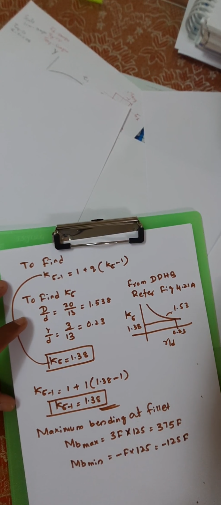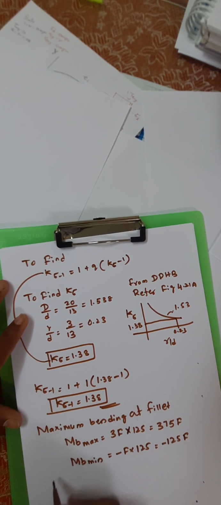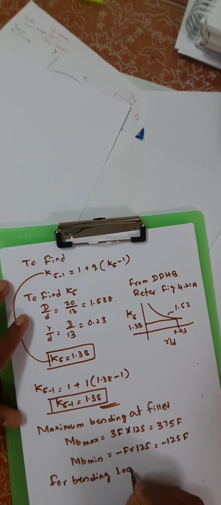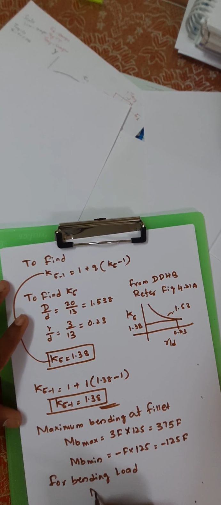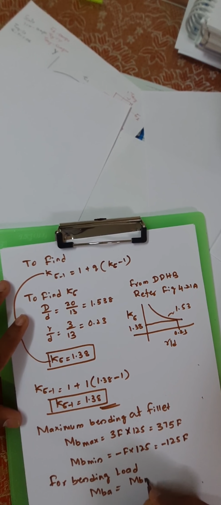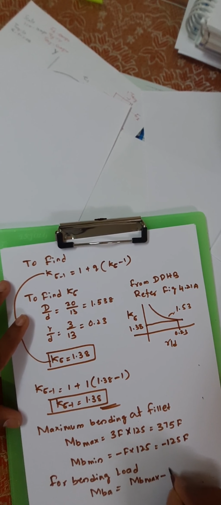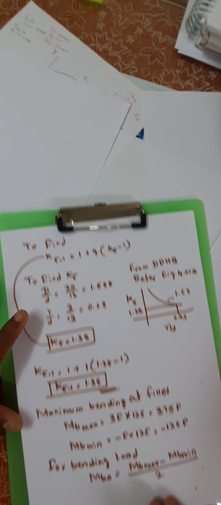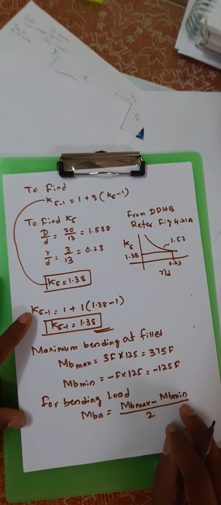Next, for bending load, what is the equation? MBA for bending load is equal to MB max minus MB minimum divided by 2.